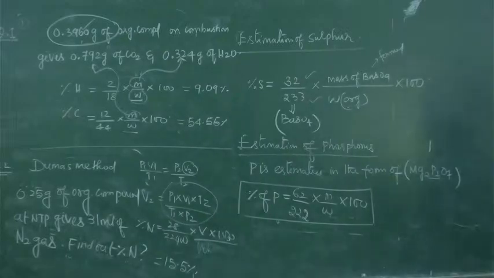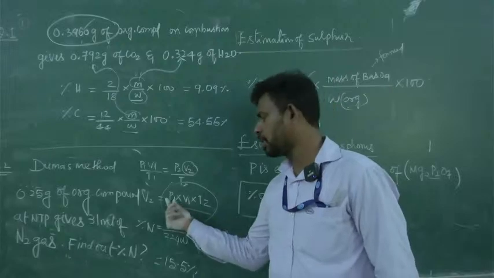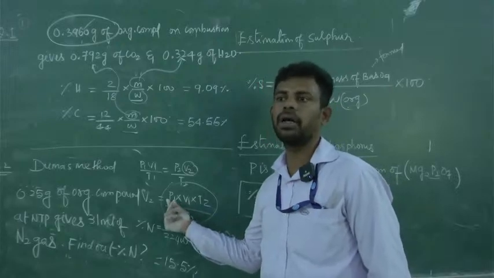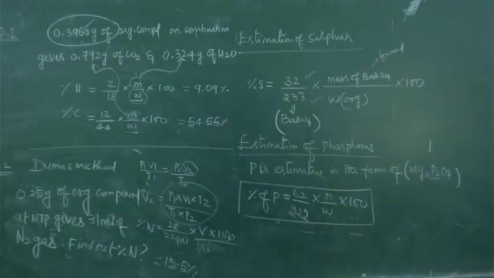Is it clear? Why are we not using this formula? Because what is P1 here? The pressure of N2 minus aqueous tension, and no such values are given. Is it clear? Straight away you can use this formula. Is it understood? So I will stop my discussion here.